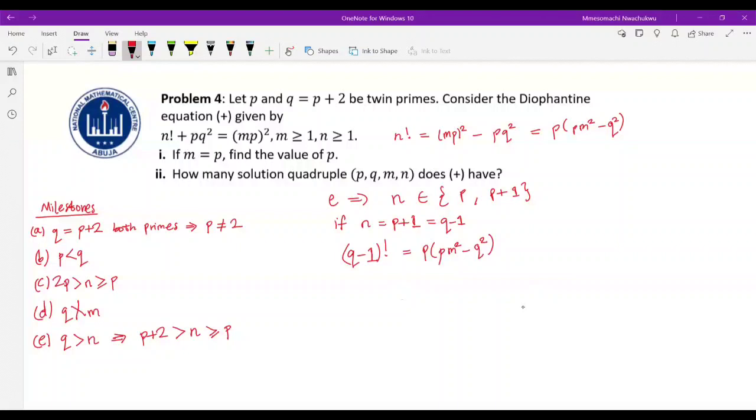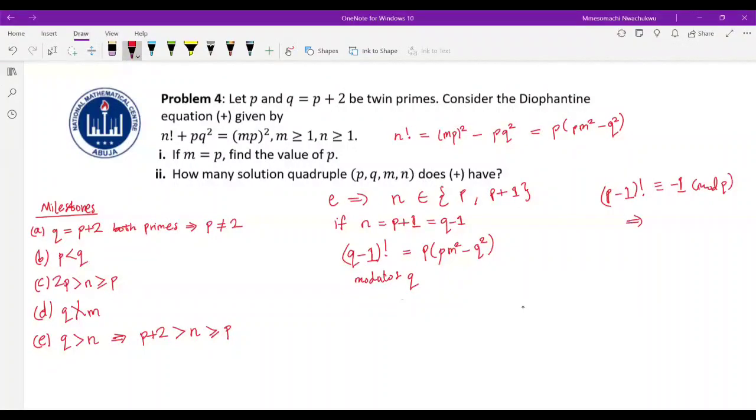So we can take mod Q, modulus Q. And why are we taking modulus Q? Because we know that if P is a prime, by Wilson's theorem, P minus 1 factorial is congruent to minus 1 mod P, if and only if P is a prime.